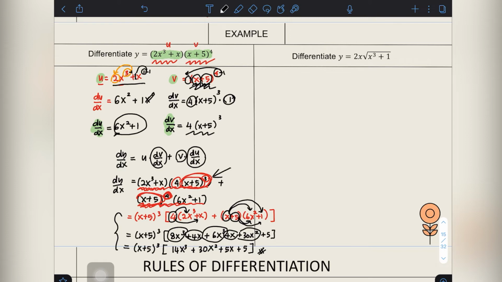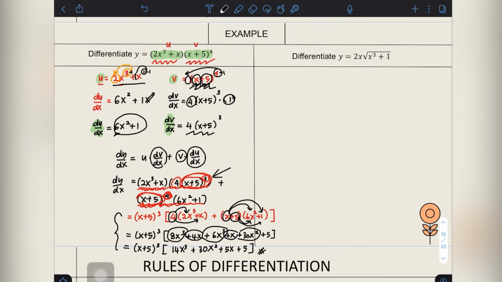Alright? So let's see one more example. Here, we have y equal to 2x square root of (x^3 + 1). Okay, class, now you cannot see which one is the first equation and which one is the second equation, because it is in terms of square root. But I believe that all of you know that square root can be written in the form of power.